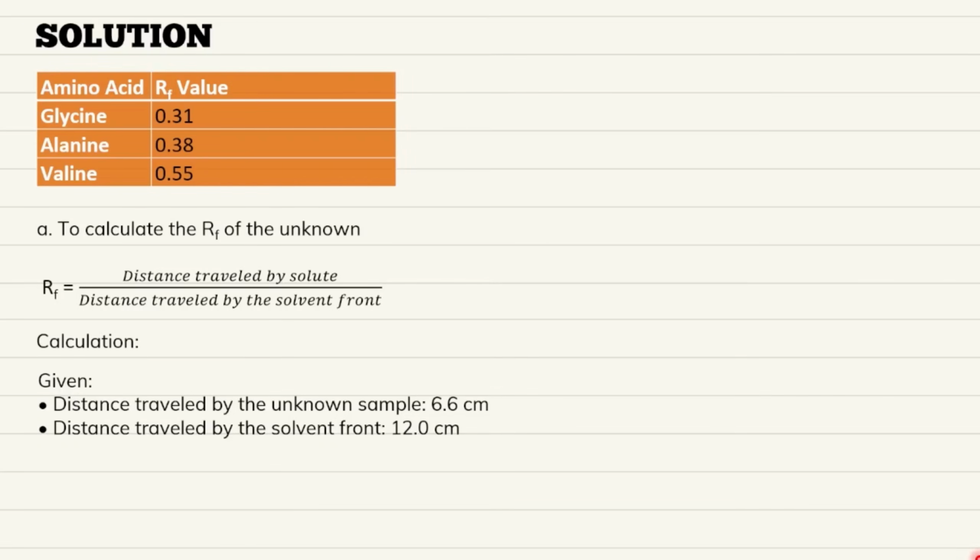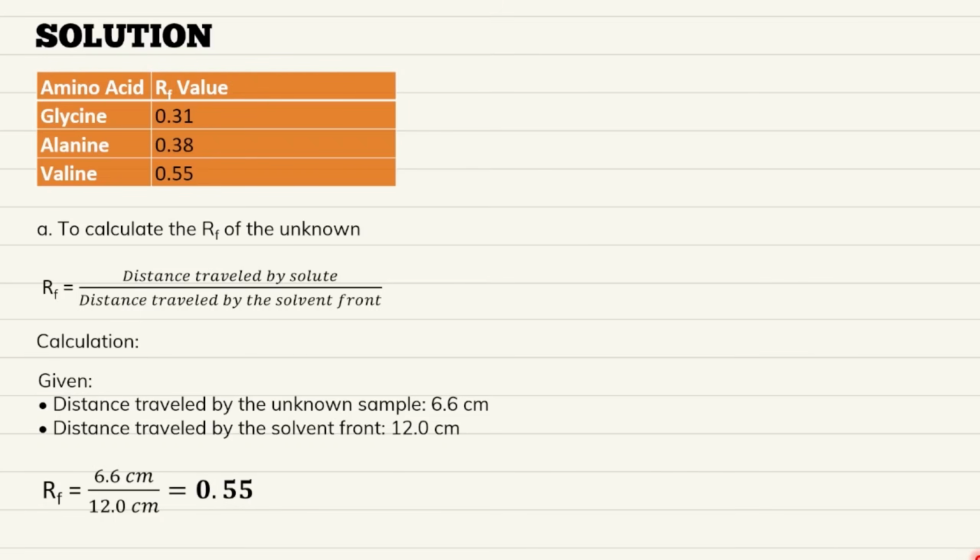The distance traveled by the sample is 6.6 centimeters and that of the solvent front is 12 centimeters. So the RF value will be 0.55. Okay, so that's the first part of the question.